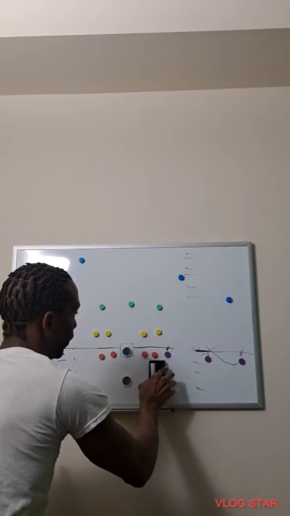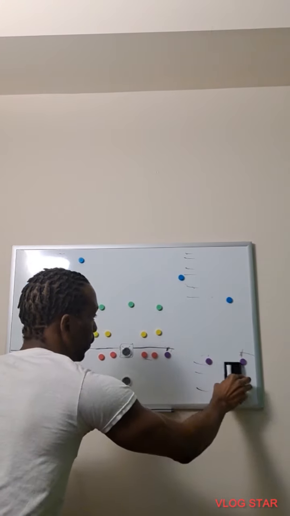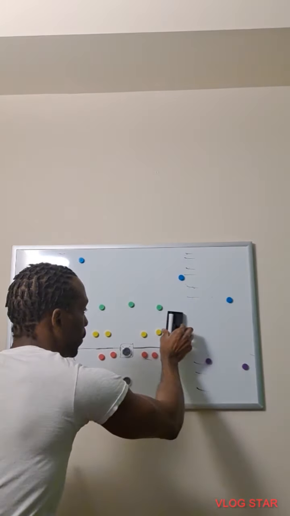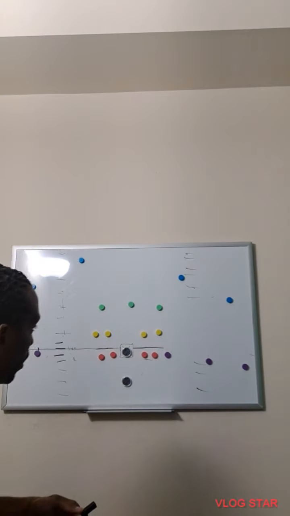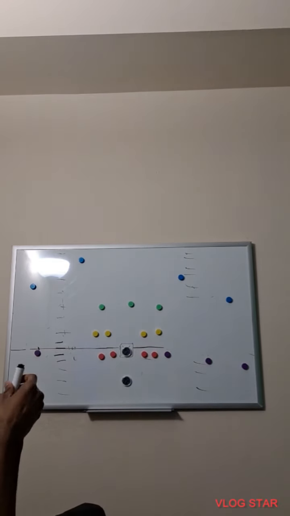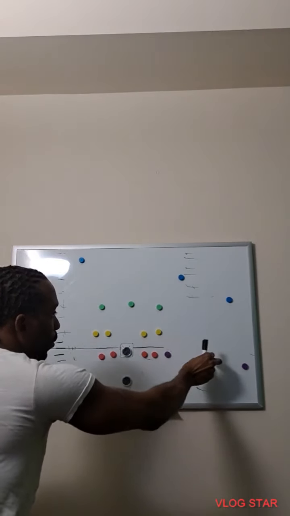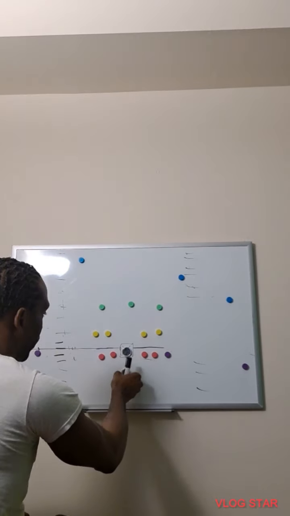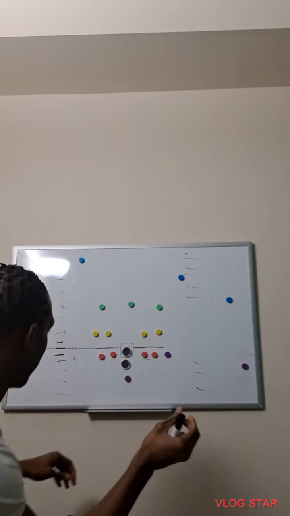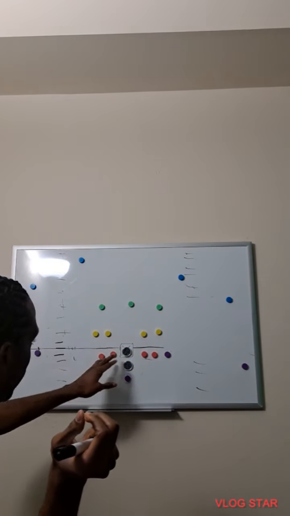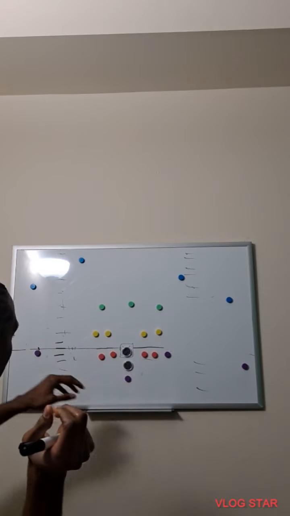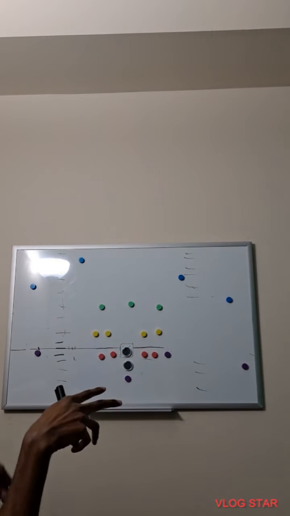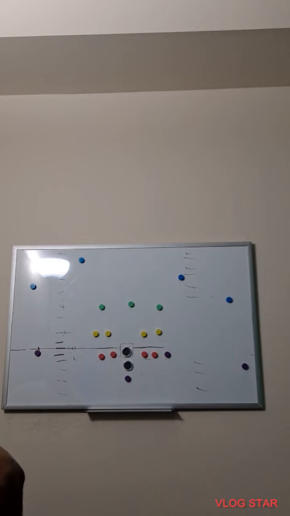What else could we do here? Let's see. We could also, if they're gonna play cover 4, run the ball as well. So we have that. Quarterback, running back. 2, 4, 6, 8. Wait, 2, 4.